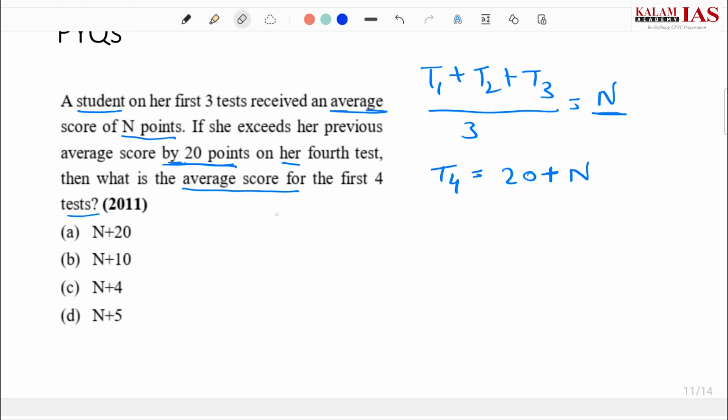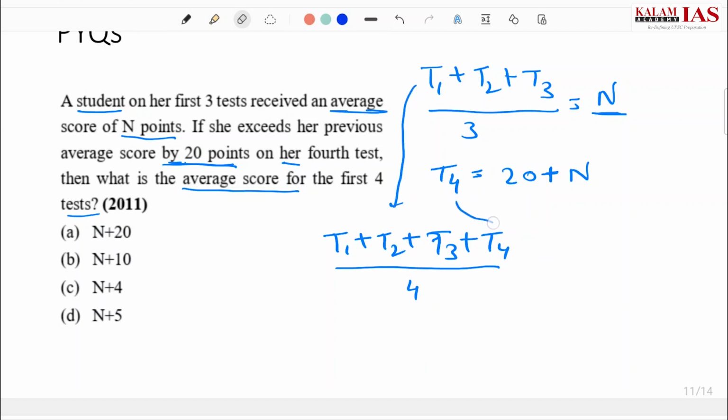Now average score for the first 4 tests is T1 plus T2 plus T3 plus T4 by 4. Now let's substitute the value of T1 plus T2 plus T3 from this and T4 from this equation, and we can get our answer. So T1 plus T2 plus T3 is equals to n into 3, plus T4 is equals to 20 plus n, dividing by 4.